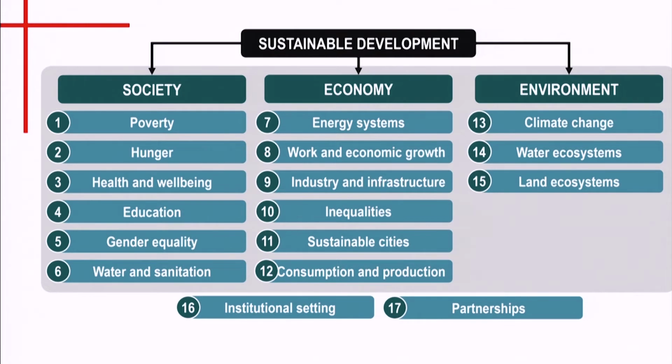And under environment, we can classify SDG 13 which is climate change, SDG 14 water ecosystem, SDG 15 land ecosystem. In addition to this, we have institutional setting SDG 16 and partnership SDG 17, which is common across all the 3 groups. Each of these SDGs we will explore in detail in the next module.